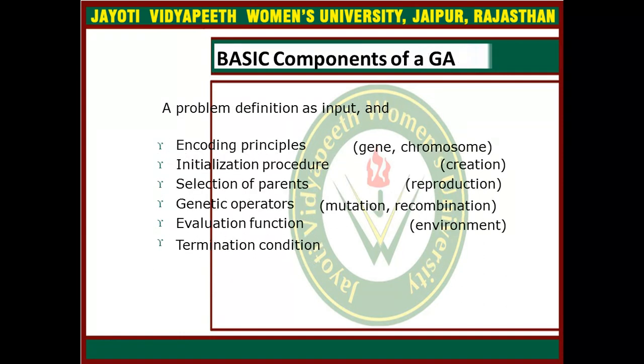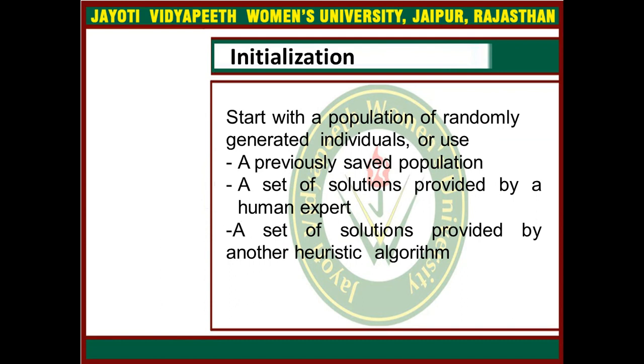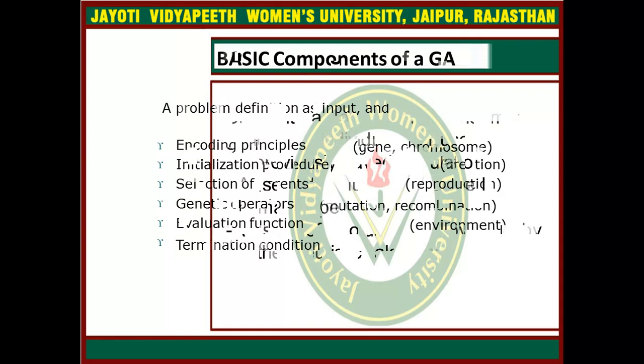Now come to the basic components of genetic algorithms. A problem definition has input and encoding principles like gene and chromosome, an initialization procedure, which is creation, selection of parents, which means reproduction, genetic operators, which means mutation and recombination, evaluation functions, which is the environment, and the last is the termination condition. Now let's start with the initialization. I will explain one by one.